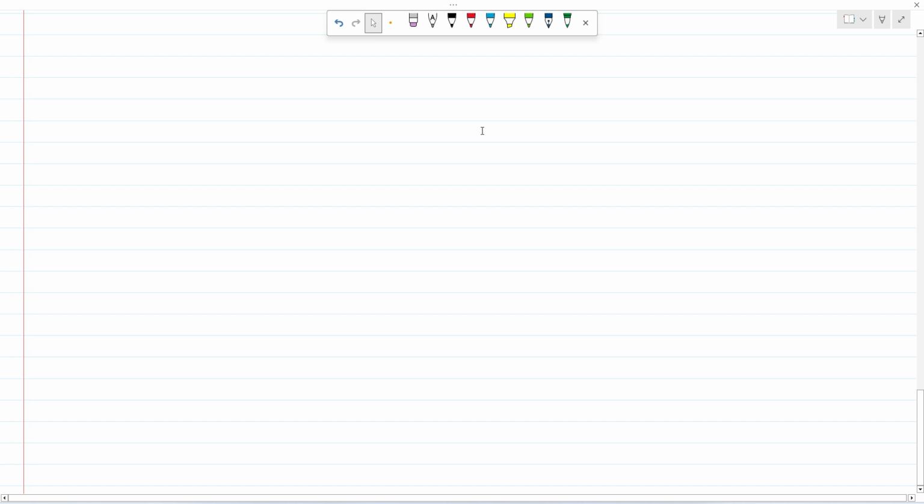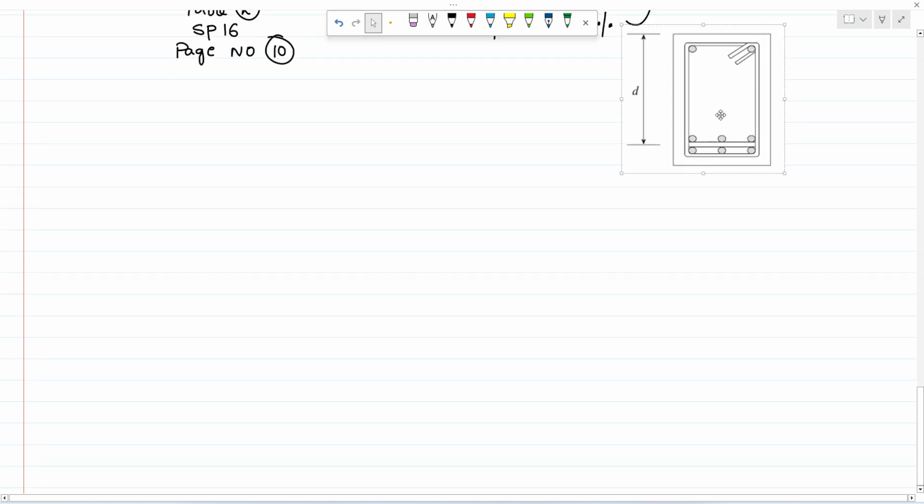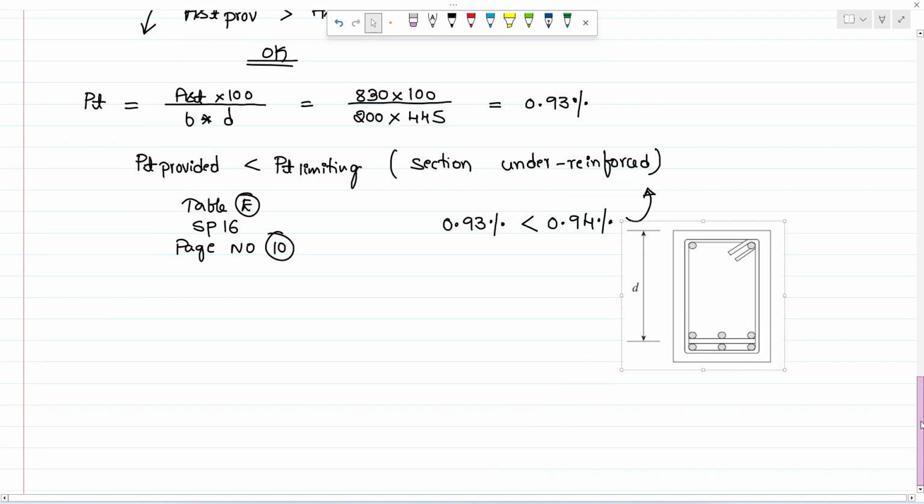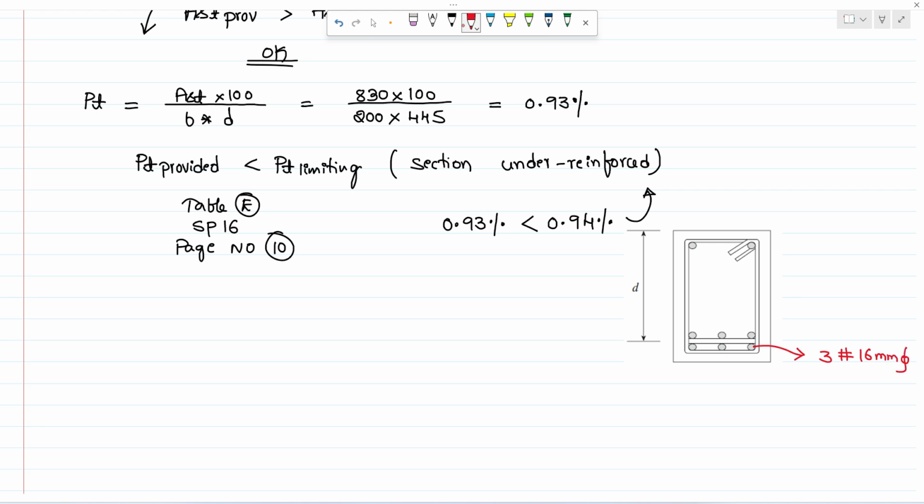So how to detail this beam? So this is your detailing part. So these are your first layer bars, 3 bars of 16 mm dia. Next, in the second layer we will be using only 2.